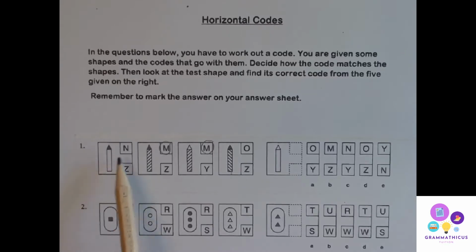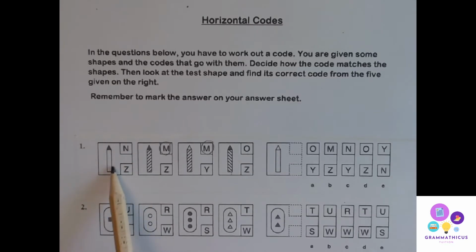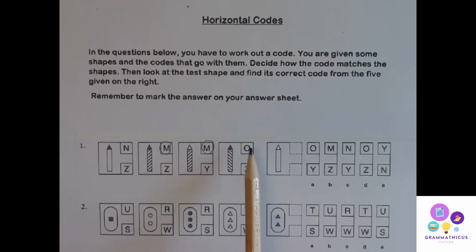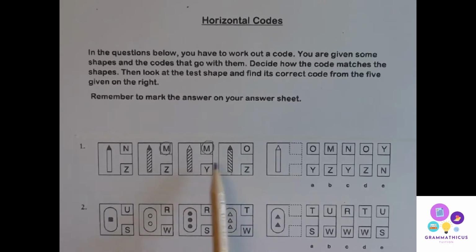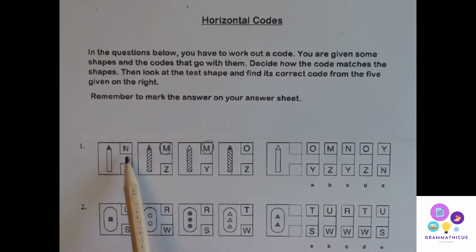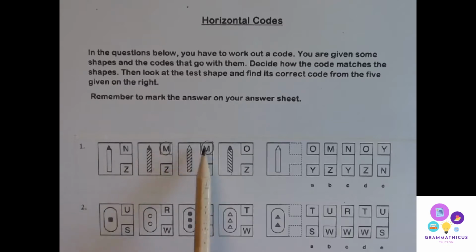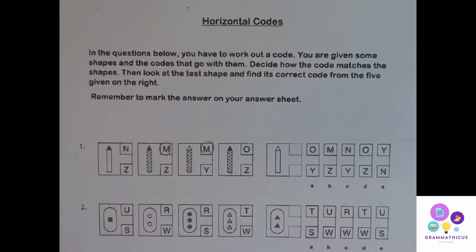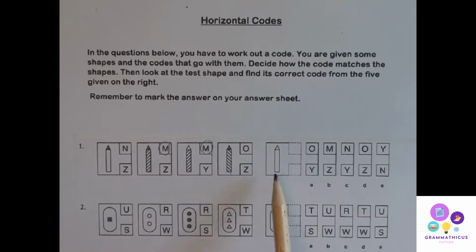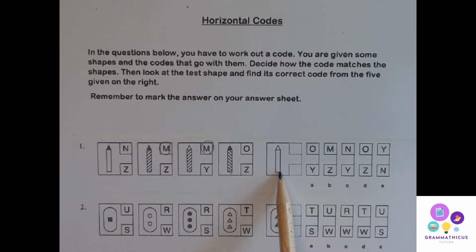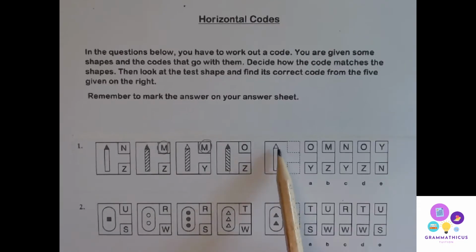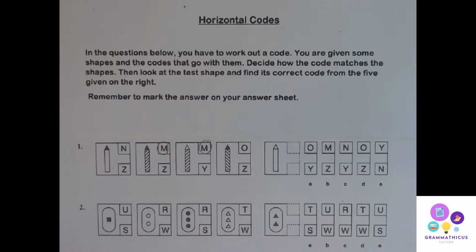Because I've got an N for this pencil and an O for this pencil and 2 M's for this pencil, I can gather that the top letter is to do with the colour of the rectangle that we've got there. Now if I go over to my test shape over here, I can see that the rectangle is white.